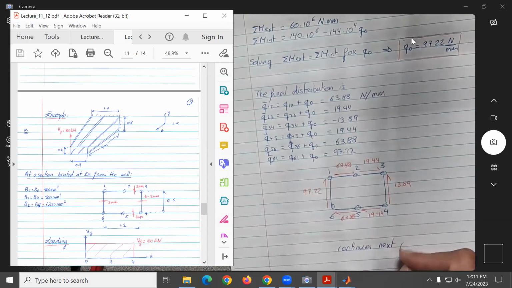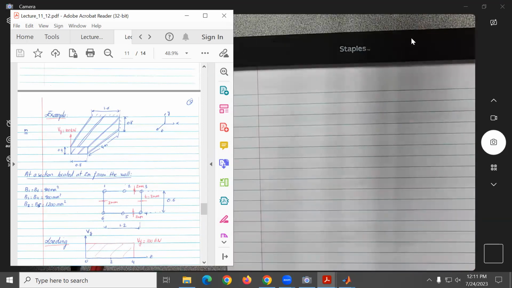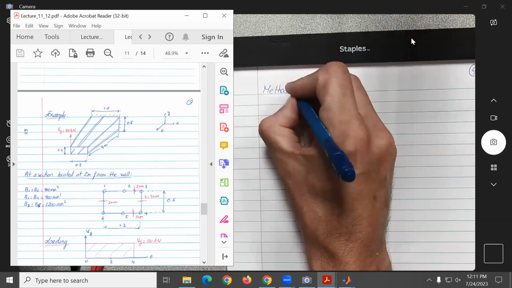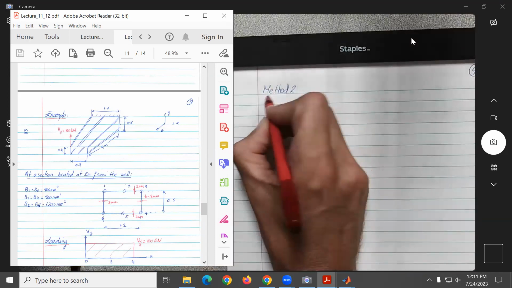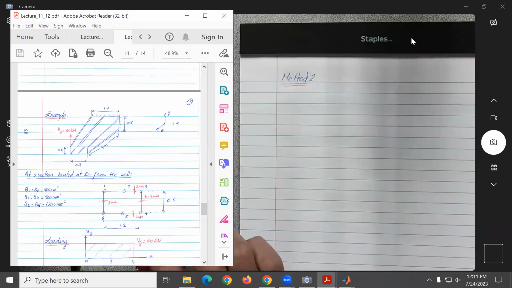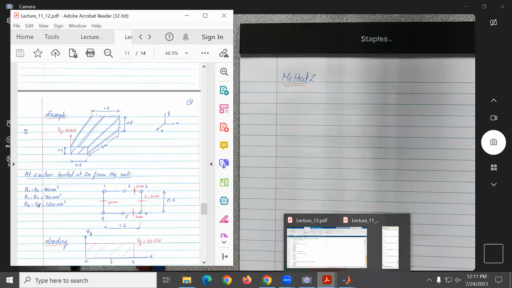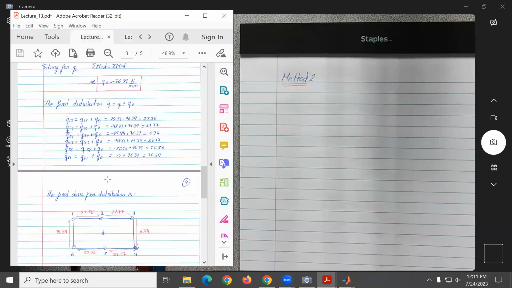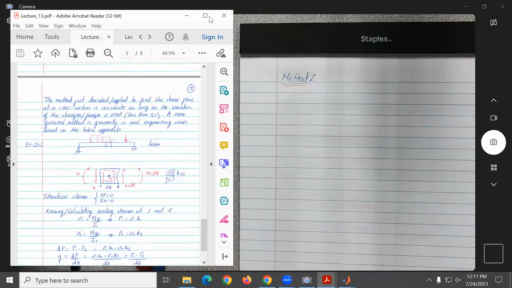Next page. All right. So method 2. If you remember, we discussed on Thursday, so probably some of you have forgotten a little bit about it, another way to solve the problem will be to do what?